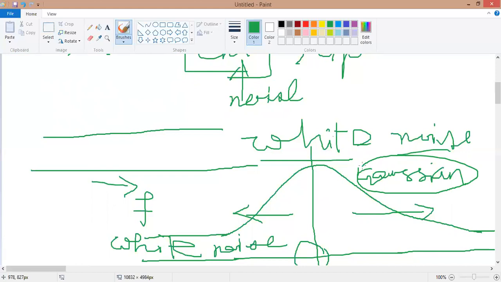This noise is an undesired signal, and it may be internal noise or external noise.